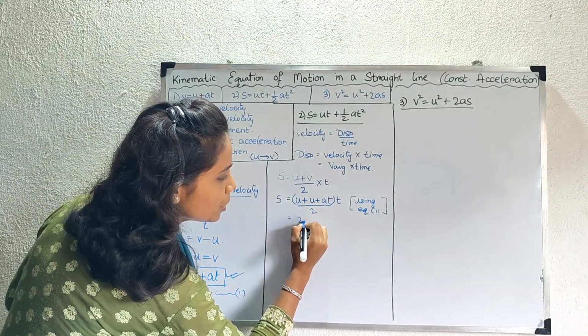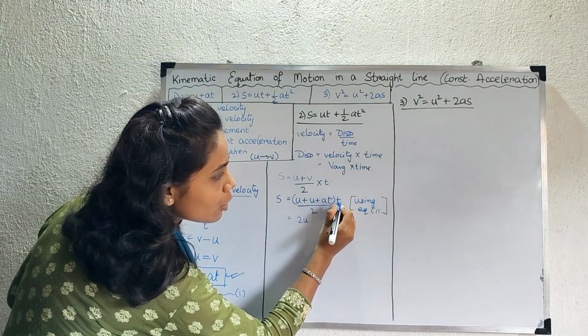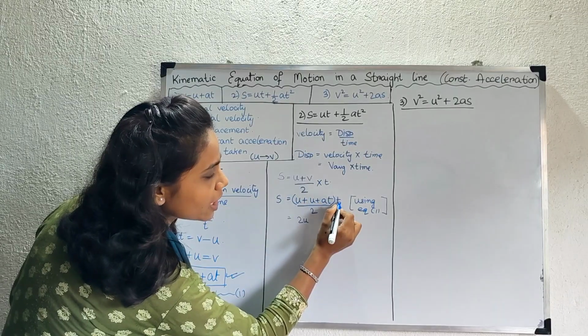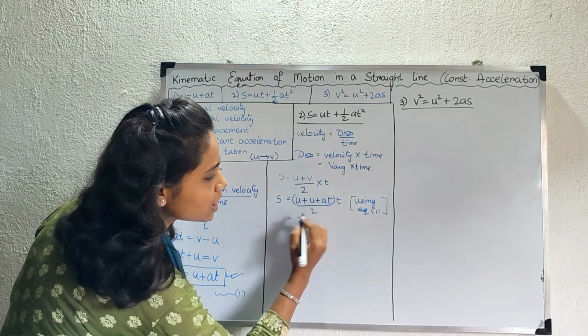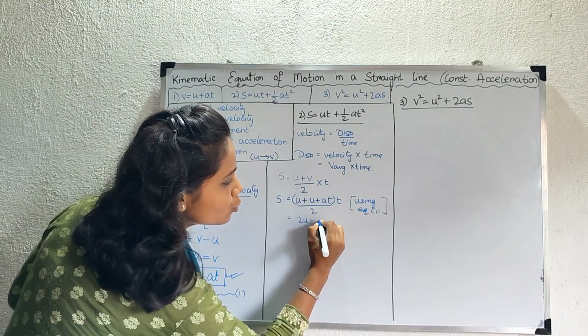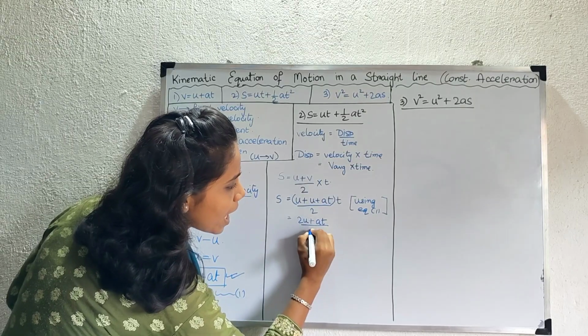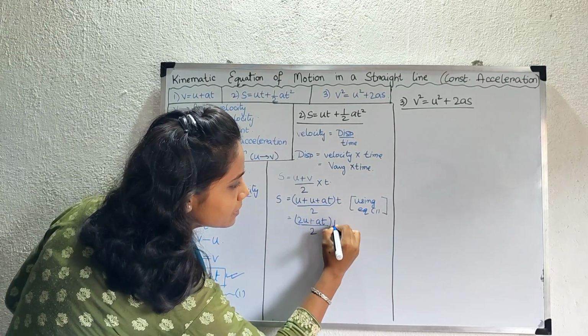Now this will be 2u. This t will be multiplied with both the terms, since it is in a bracket. At first write 2u plus at by 2 into t.